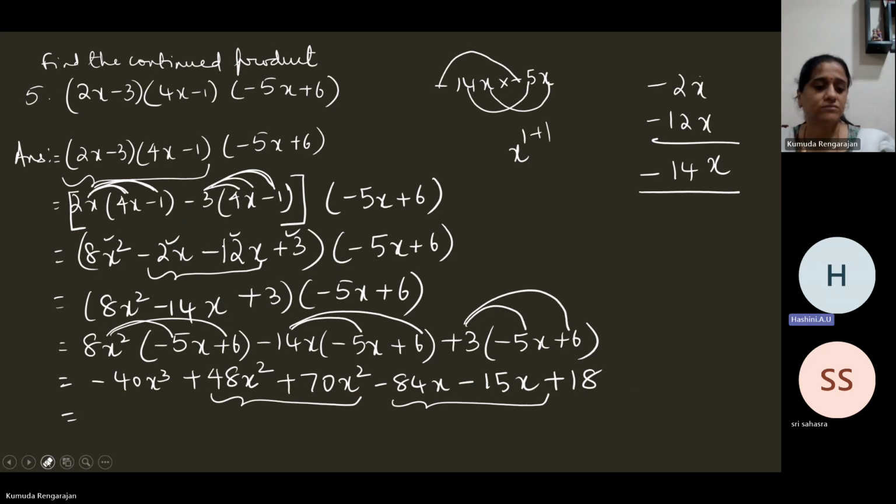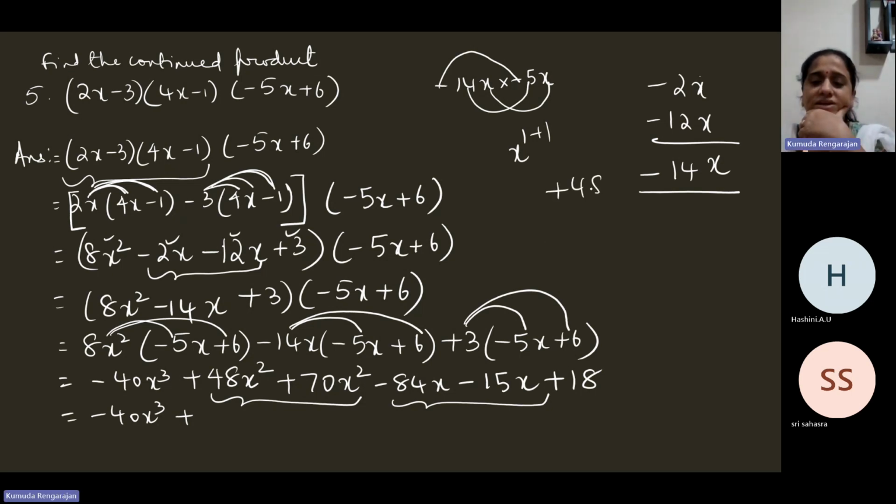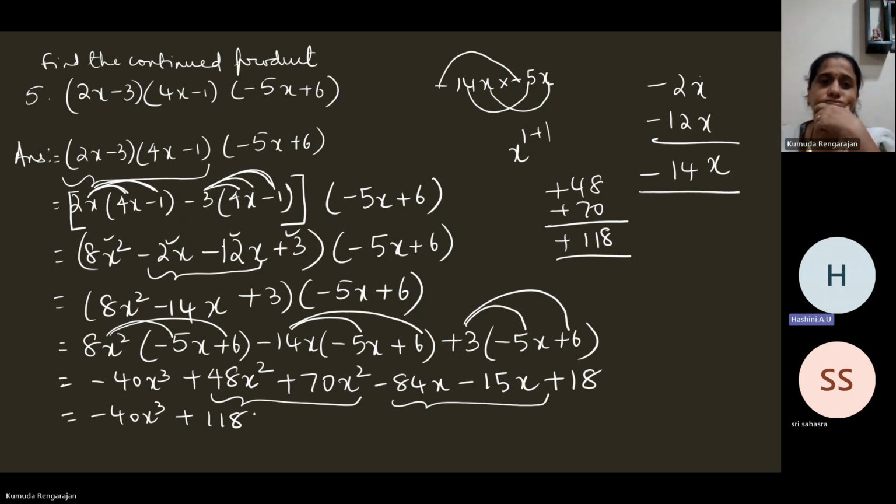Minus 40x cube, plus 70x squared. There are two x squared terms, no? 48x squared and 70x squared. Plus 48 plus 70, same signs, add and put the same sign. 118x to the power 4?